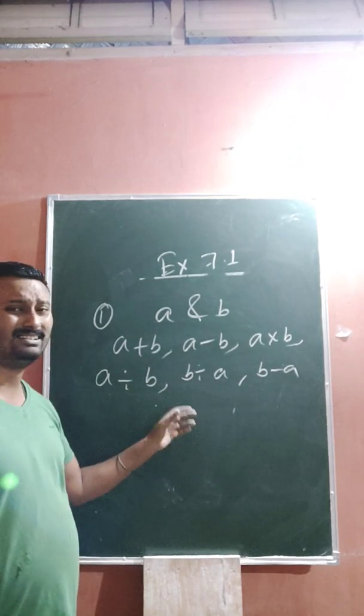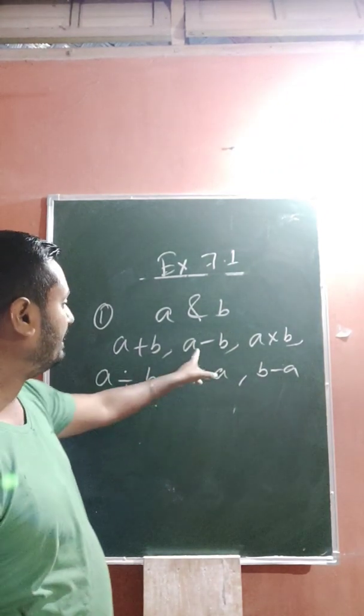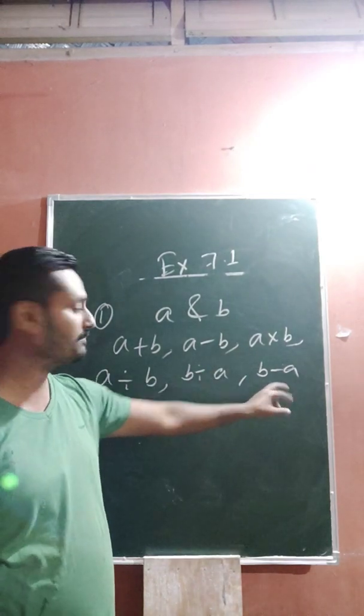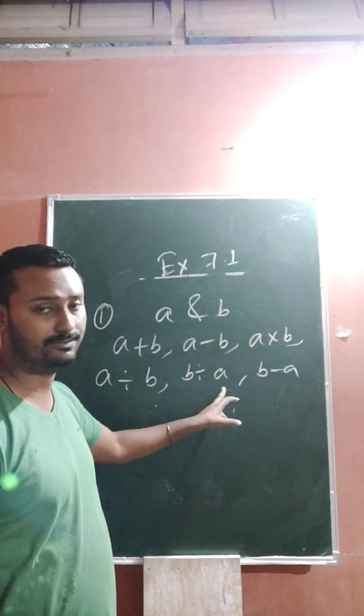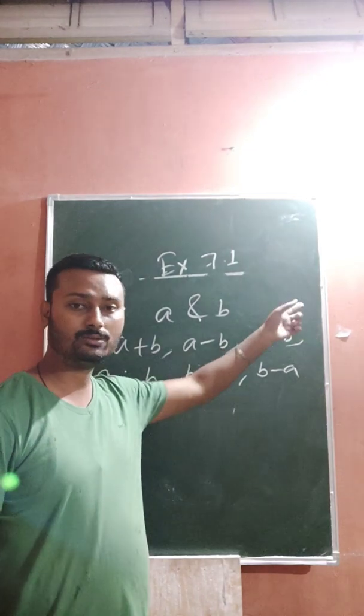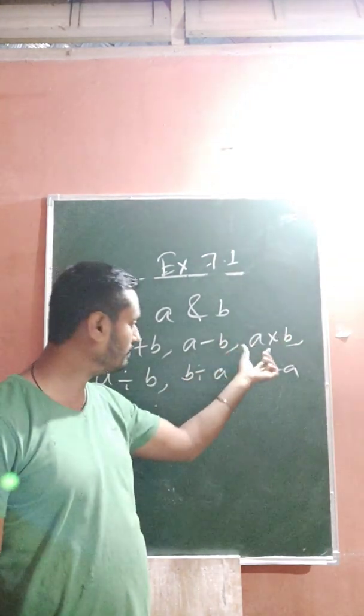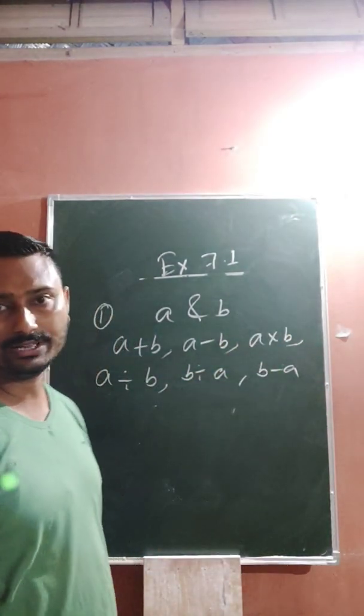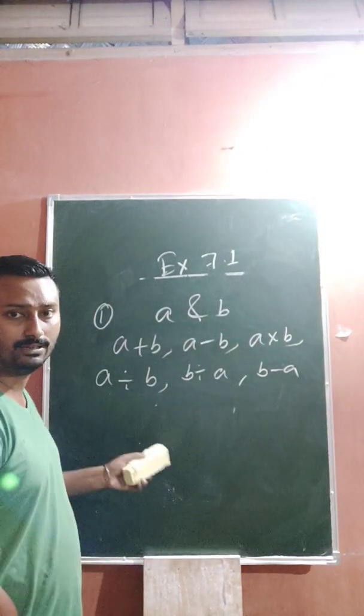If you write both, it's also correct, but a minus b and b minus a are different. Again, a divided by b and b divided by a are different. Again, a into b and b into a are the same. You can write both, or if you write one, it will also be correct. So this type of question may come.